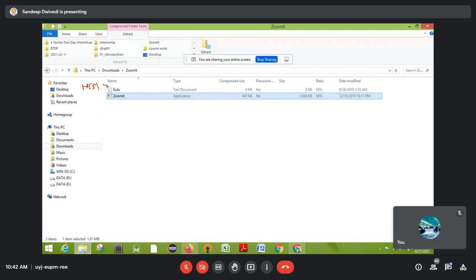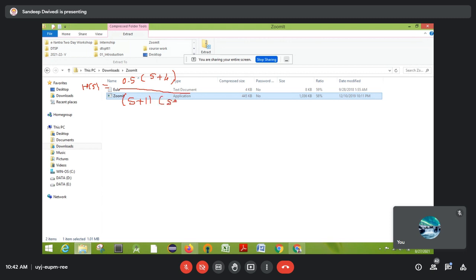h of s is equal to 0.5 (s plus 4) upon (s plus 1)(s plus 2).